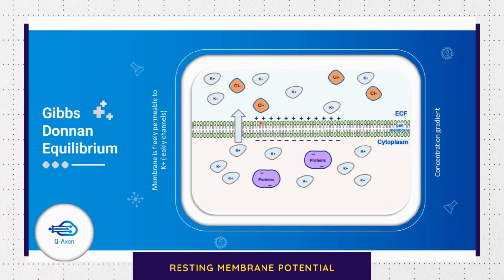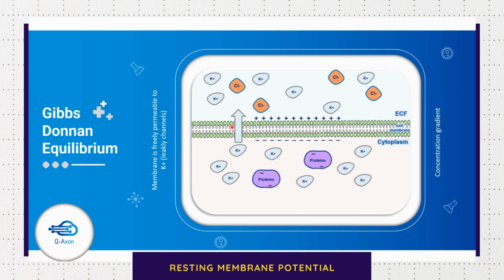So you see, positivity has started developing on the outside, and with respect to outside, the inside is becoming negative because the positive charges are moving out. Here negativity is accumulating. Now when we consider ions which have a charge, we have to look at the concentration gradient as well as one other thing, the electrical gradient.